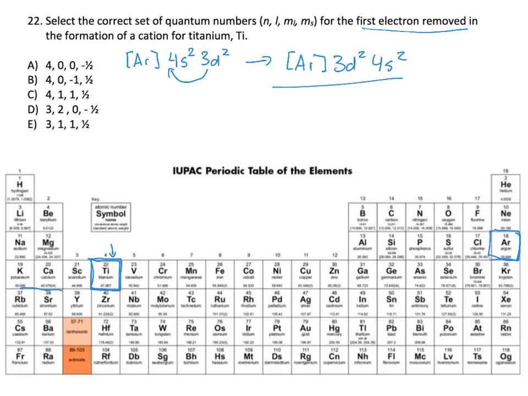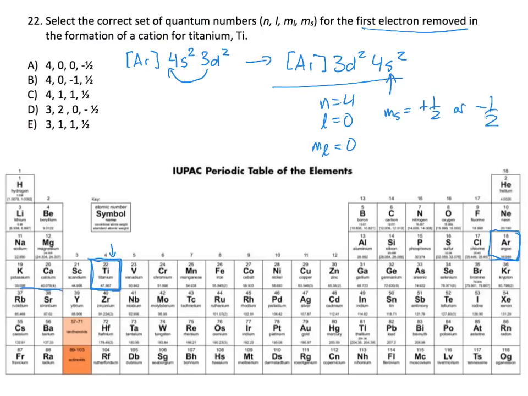The first electron that will be removed if you ionize this is going to be one of the outermost, highest energy electrons, which would be one of the 4s electrons. If it's a 4s, we know that n must be equal to 4. Because it's s, L is equal to 0. Because L equals 0, ML can only have a possible value of 0. And then MS can be either plus 1/2 or minus 1/2.